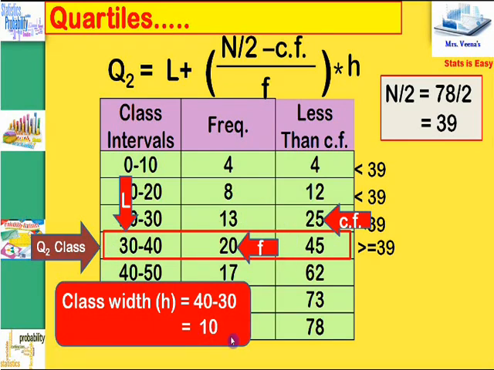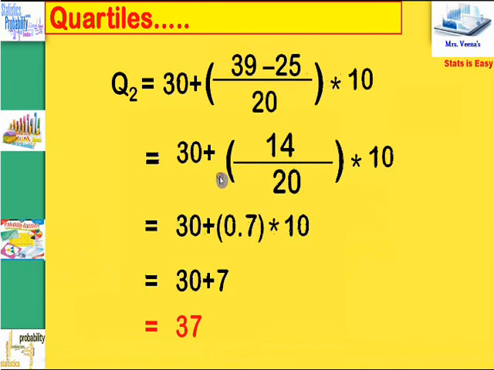Substitute all these numbers in this formula. 30 plus (39 minus 25) divided by 20 into 10. Solve this bracket first. 39 minus 25 is 14, divided by 20 is 0.7, into 10 is 7. 7 plus 30 is 37.